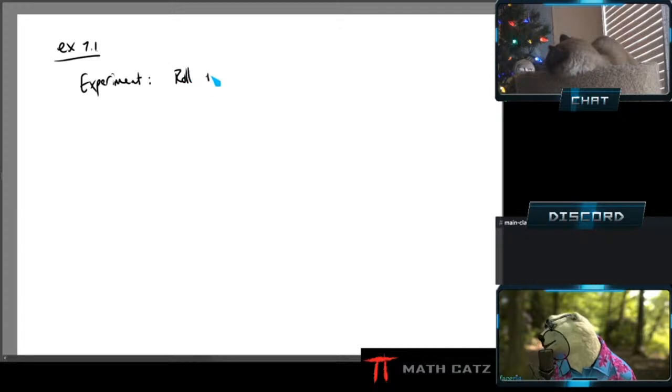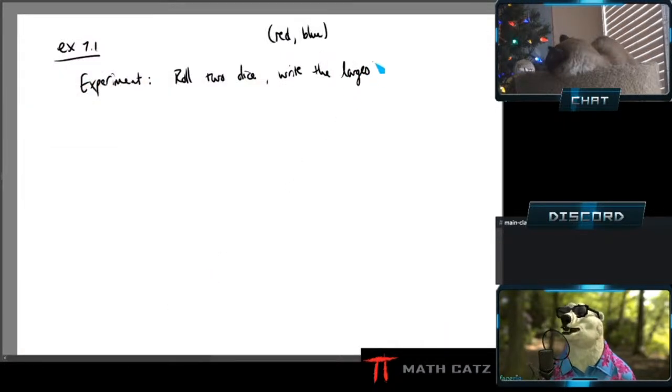Roll two dice. Let's say we have one red one and one blue one. And then we write down the largest number that I see.